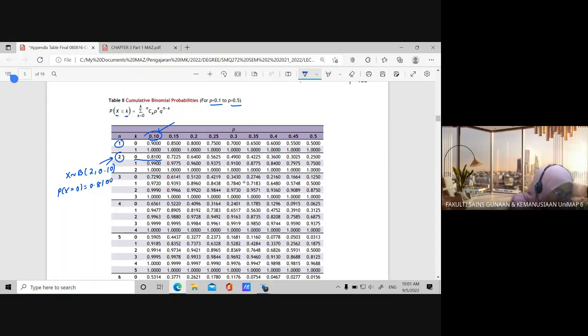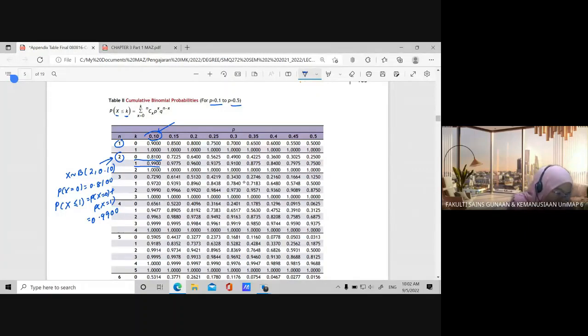Now when I say P(X less than or equal to 1), which is P(X = 0) plus P(X = 1), it is 0.9900. So this is what is meant by cumulative probability distribution.